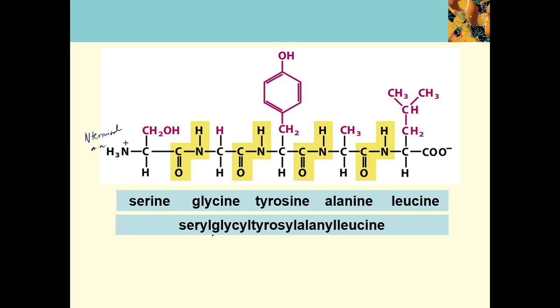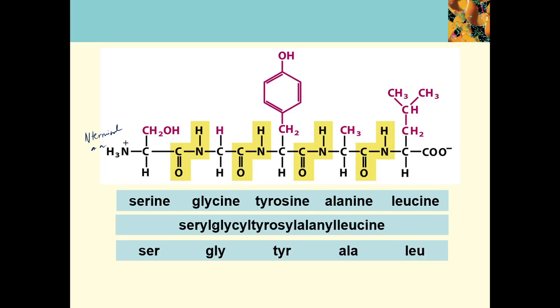So there's another way to make your naming simpler. This time we will use the three-letter abbreviation of your amino acid. For serine, that will be Ser. Then you have your glycine, Gly. Tyrosine is Tyr. Alanine is Ala. And leucine is Leu.